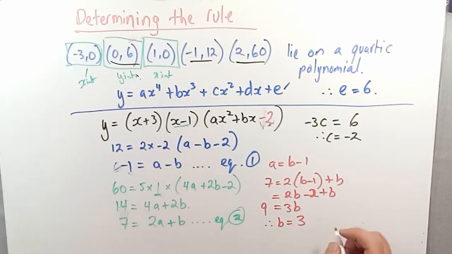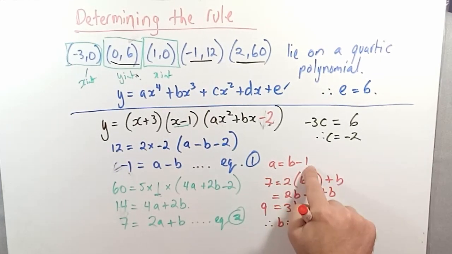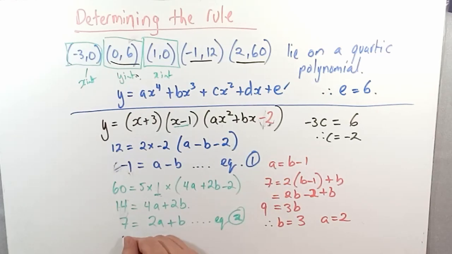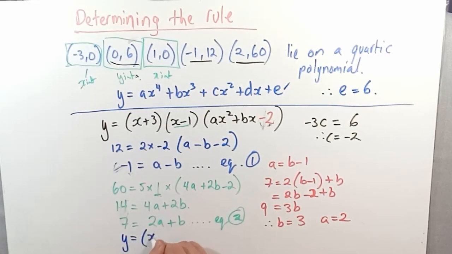Hopefully that's right. And then I know that a is 1 less than b. So it's 2. Okay, so there we go. We can put that in. y equals (x plus 3)(x minus 1).